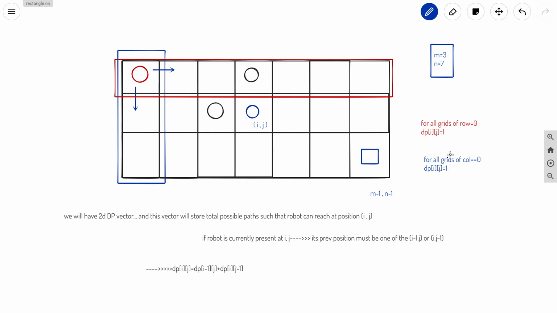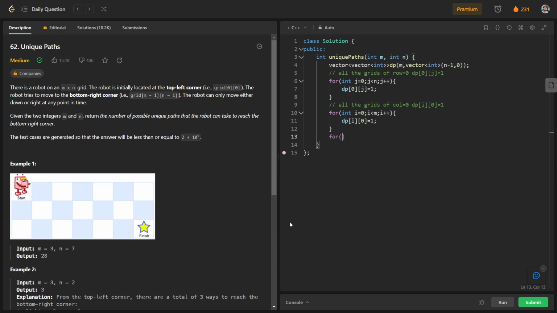And talking about all other grids, we will use this formula. So for int i equal to 1, i less than m, i plus plus, for int j equal to 1, j less than n, j plus plus, dp of i comma j will be nothing but dp of i minus 1 comma j plus dp of i comma j minus 1. Okay, and that's what we have done here.